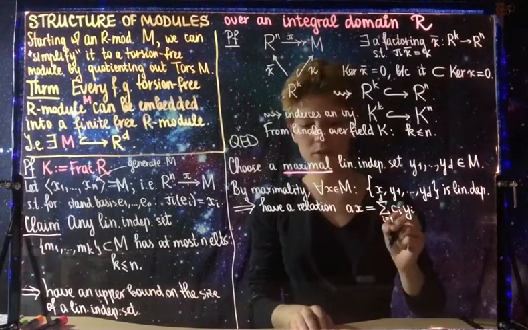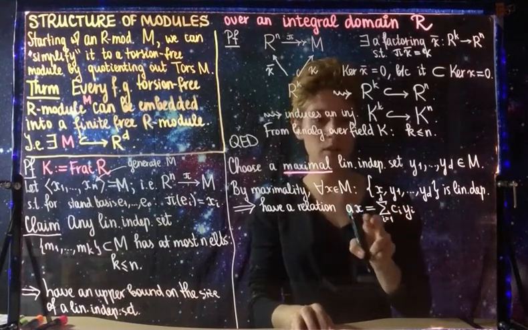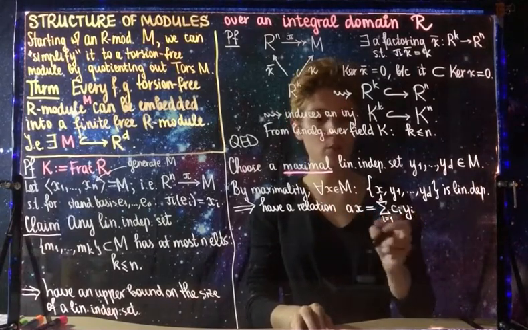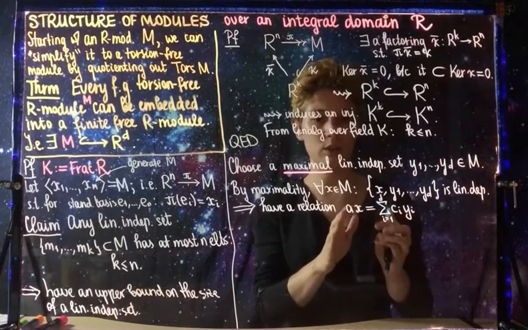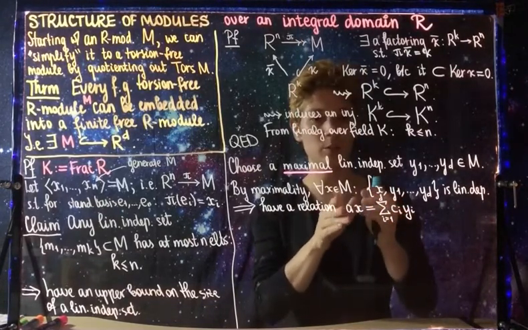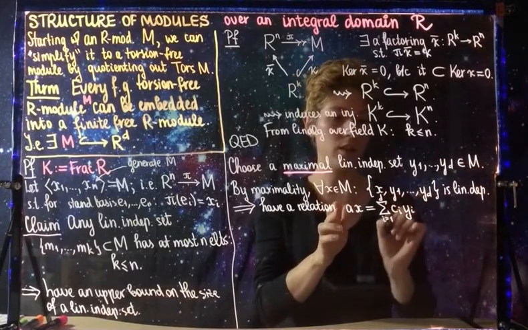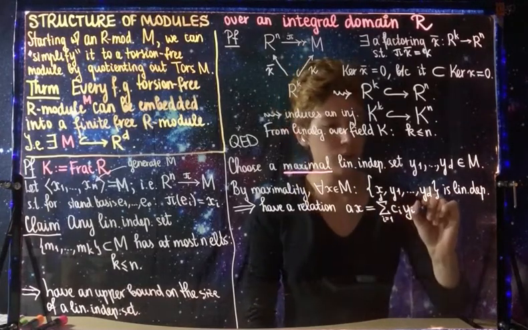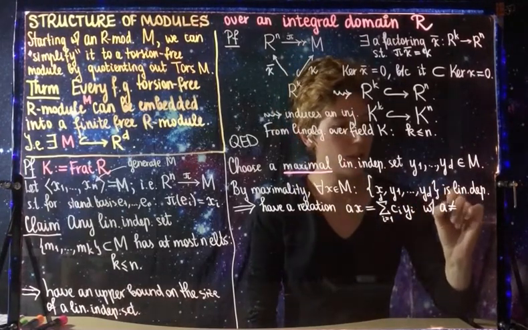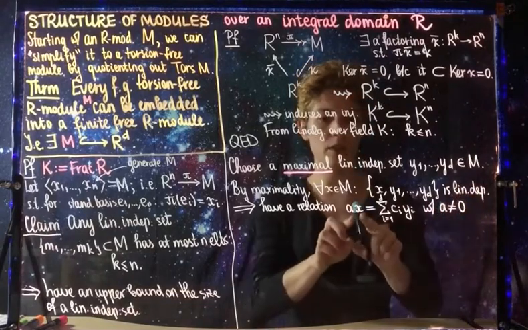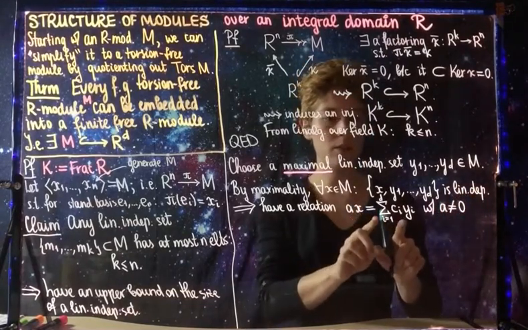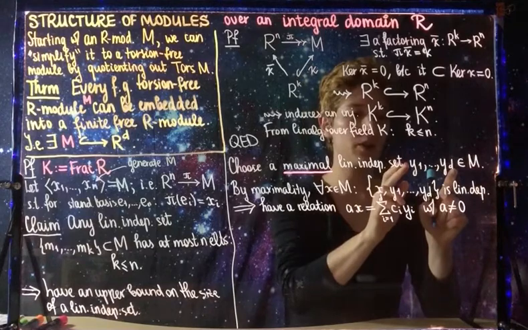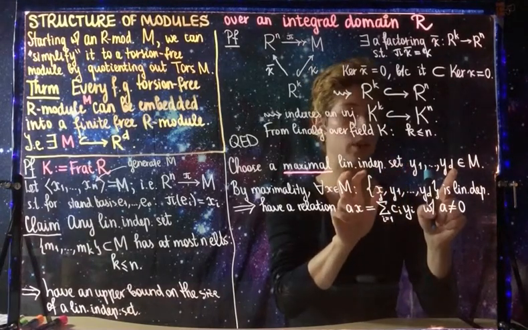In the previous lectures I wrote all the summands on one side. If we move ax to the right, we get exactly what I formulated linear dependence to be, that 0 is equal to some linear combination of elements from the set. And in this relation, we necessarily have that a is non-zero, because otherwise we get a non-trivial relation on the elements of the original set, but we assume that it is linearly independent.